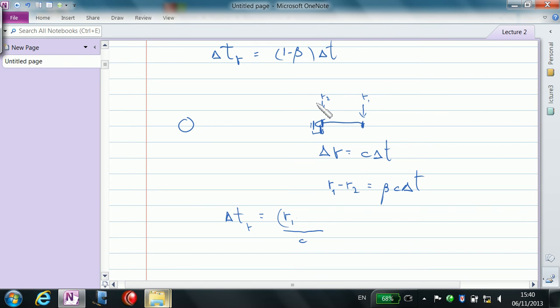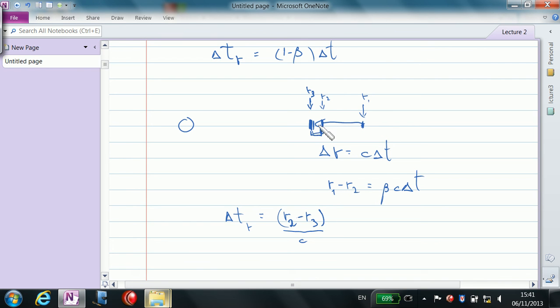You know what? It's just the difference between this point and this point. I don't know what to call this point. Let's call it R3, alright? So delta t received is R2 minus R3 over c, right?